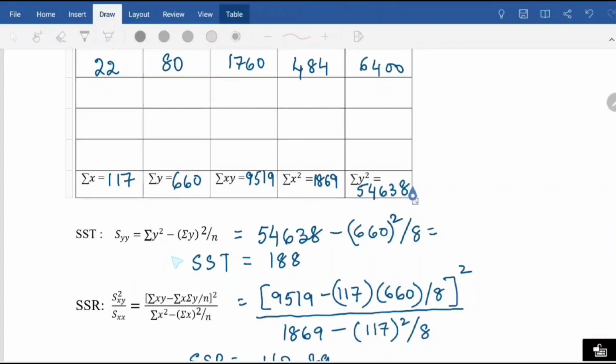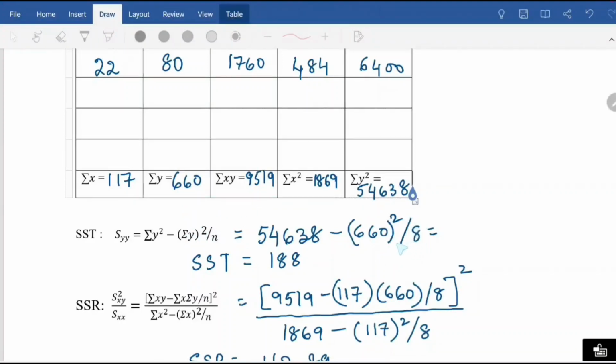The computing formula for that is sigma y squared minus sigma y whole squared divided by n. So sigma y squared, that's the reason we needed this last column. We needed to find sigma y squared. 54638 minus sigma y, which is 660, whole squared divided by 8.